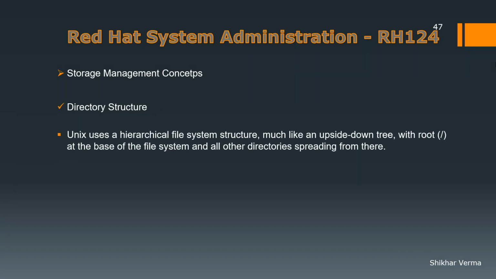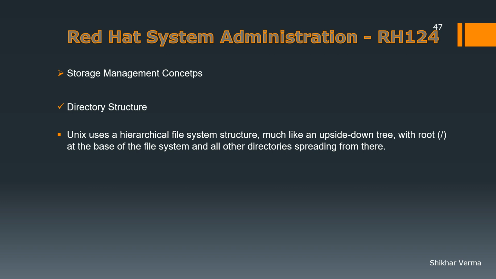The directory structure we have already discussed. If you remember, in the first or second section we had a detailed discussion about the directory hierarchy. Unix uses a hierarchical file system structure, much like an upside down tree. It starts with / (root) at the base of the file system, and all other directories spread from there.